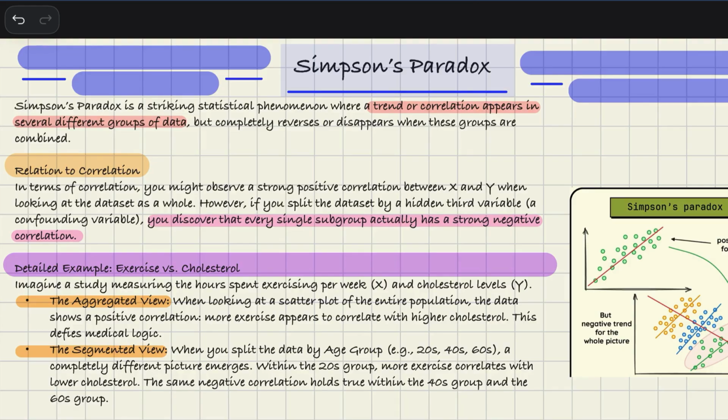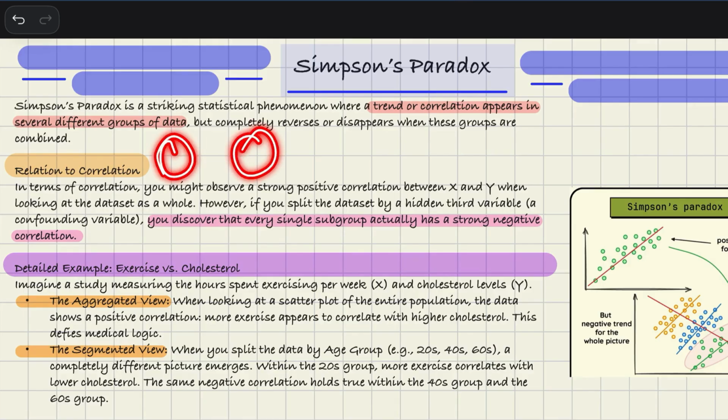So Simpson's paradox is a striking statistical phenomenon that occurs when a clear trend or correlation appears in several different subgroups of data, but completely reverses or disappears when those groups are pooled together into a single master set.